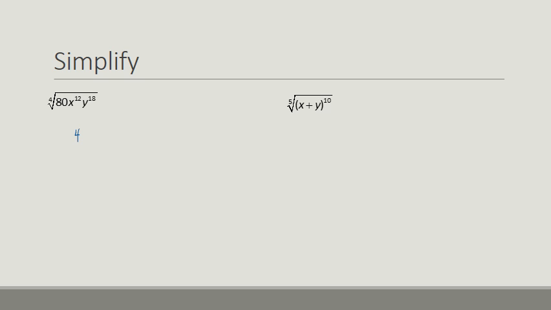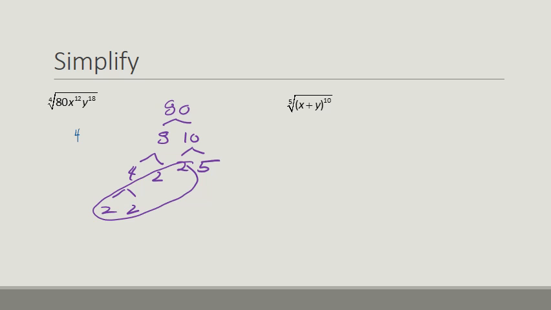If I've got the 4th root of 80, x to the 12th, y to the 18th, 80 breaks down to 8 and 10, 2 and 5, 8 breaks down to 4 and 2, and 2 and 2. So I need 4 groups of numbers. So I've got 4 2's, and that will come out. 12 divided by 4 for my x's is 3.